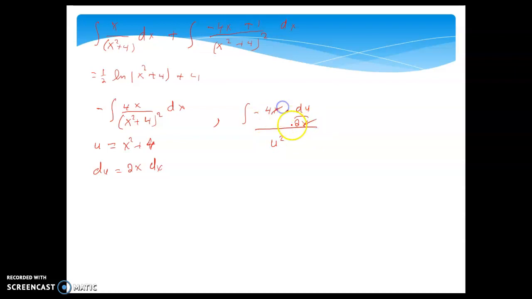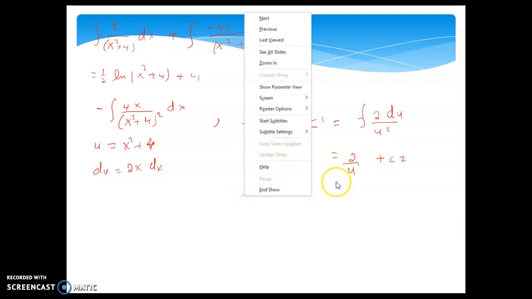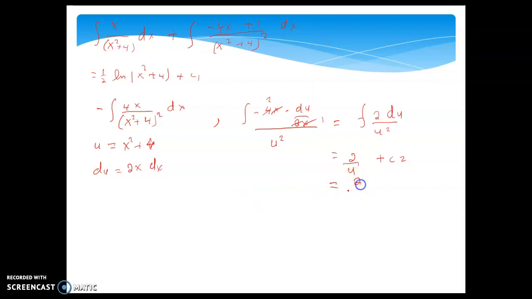The x's cancel out, and negative 4 over 2 is negative 2, so that becomes negative 2 du over u squared, which equals 2 over u plus c2, and u is x squared plus 4, so 2 over x squared plus 4 plus c2.